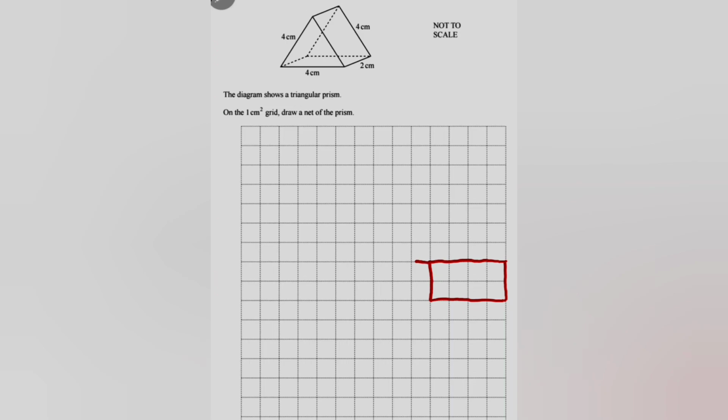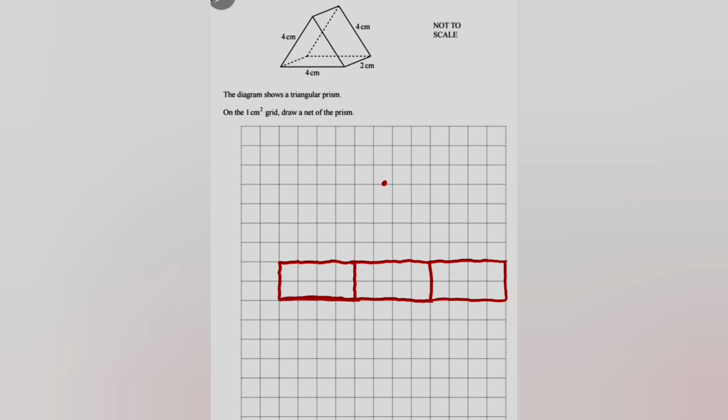The other rectangle is 1, 2, 3, 4, and of the width 2. Again we have to draw the third rectangle. There are three rectangles we can see, 1, 2, 3, 4 and 1, 2. So these are the 3 rectangles which we have drawn.